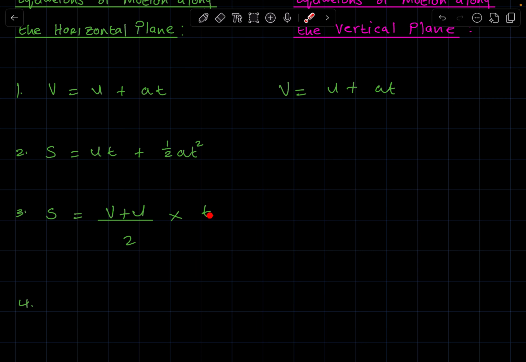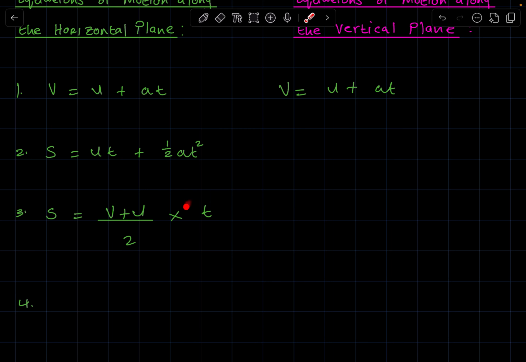After making t the subject, you would then substitute it into the first equation, replacing t. So from your third equation, we are now going to make t the subject of the formula.